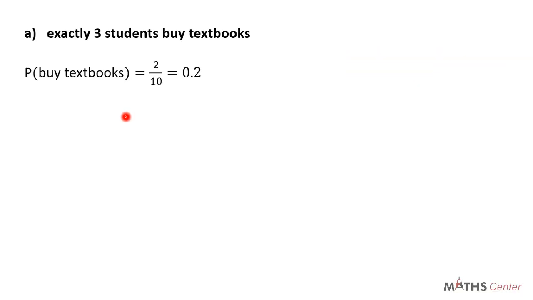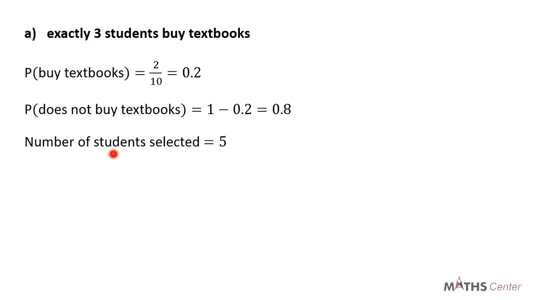So here, the probability that a student does not buy textbooks will be equal to 1 minus the probability that a student buys textbooks, which is 1 minus 0.2, and that gives us 0.8. So the probability that a student selected from the class buys textbooks is 0.2, and the probability that a student selected from the class does not buy textbooks is 0.8.